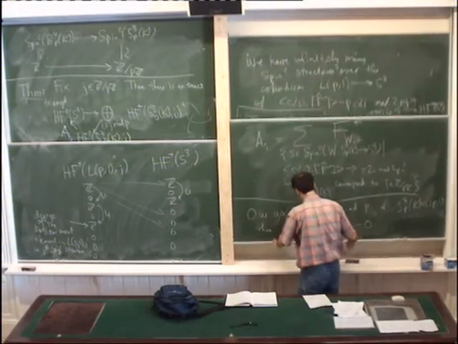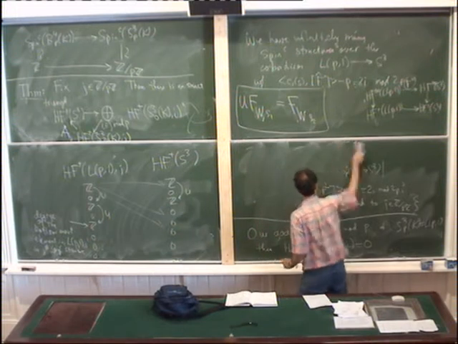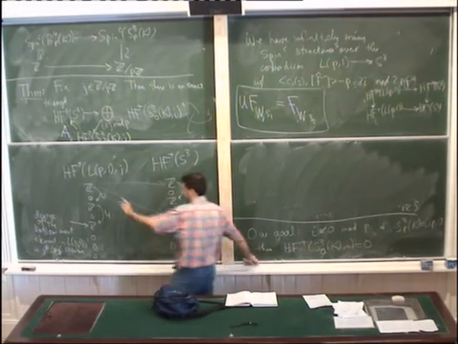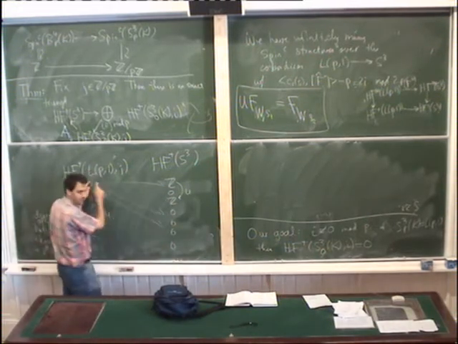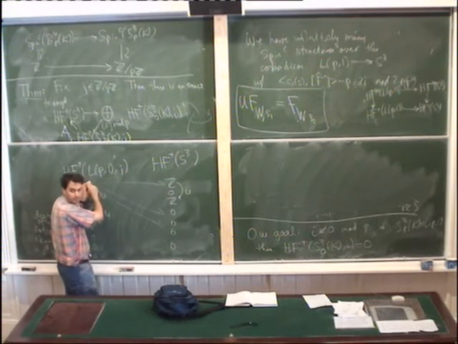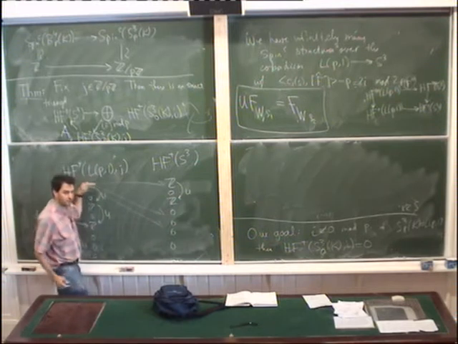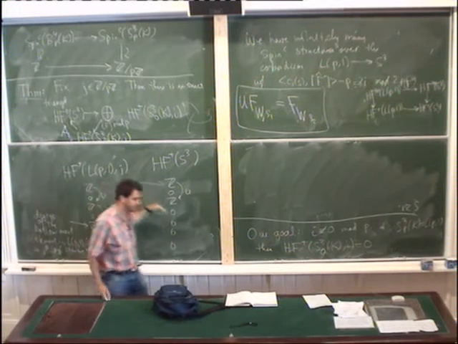Now, I have some element here in some fixed degree. It's going to be shifted down in degree by some amount over here. If it's a different spin C structure, it'll be shifted down a different amount. So we want to find the spin C structure for which this shift in dimension is minimized.